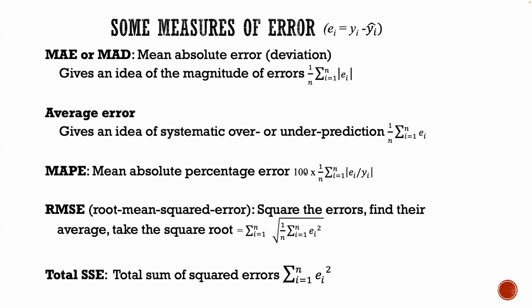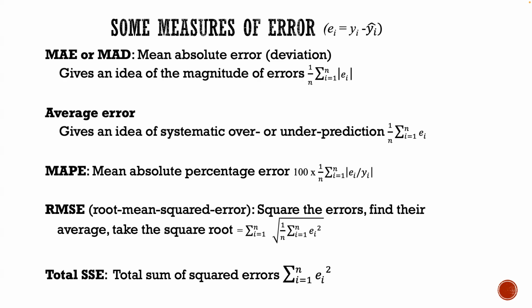When we multiply it by 100, we determine the percentage error in our model. Or root mean squared error, where we look at the square of the errors first, add them together, and then take the average and the square root of that, right? So that's something which can be used. And total sum of squared errors. So there are several techniques that can be used. I'm just trying to highlight some of these here.